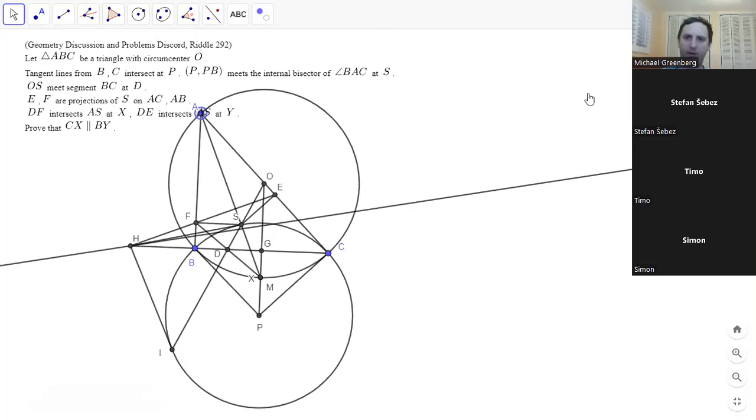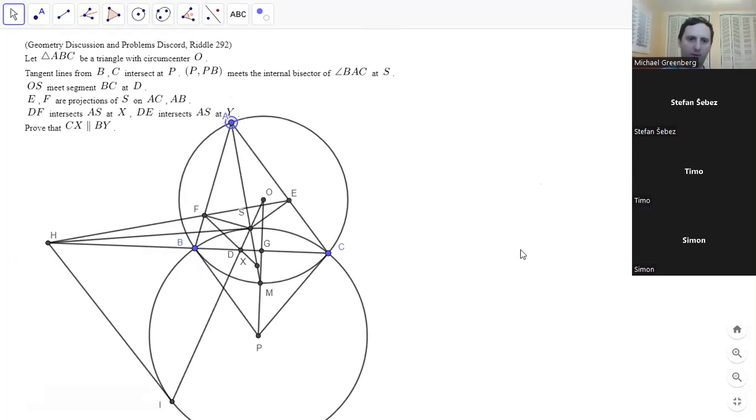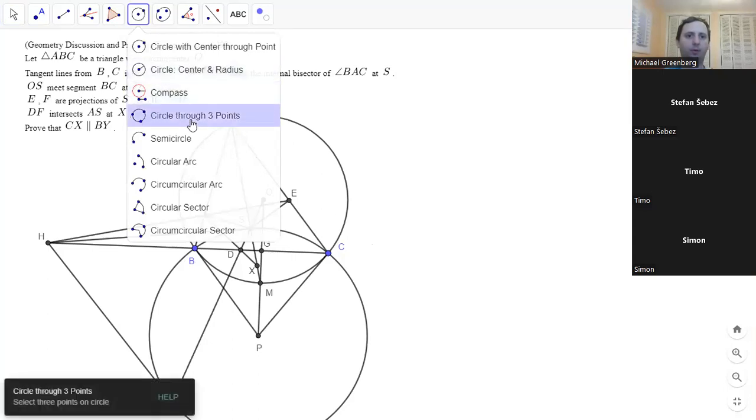No, it's not. So maybe it's worth drawing this circle.